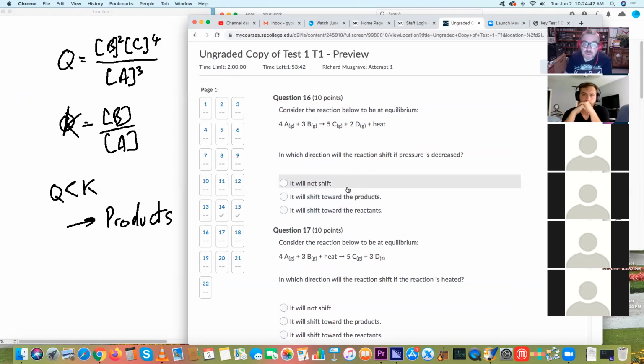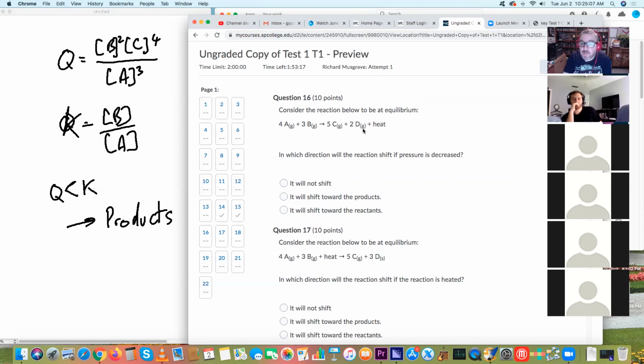So question 16, it says here, what will happen with the reaction if the pressure is decreased? You need to count up the number of gas molecules. So in this one here, we have all gas molecules, but sometimes we don't. That sometimes creates confusion. But if we had a solid here, for example, you wouldn't count it. If you had aqueous here, you wouldn't count it.